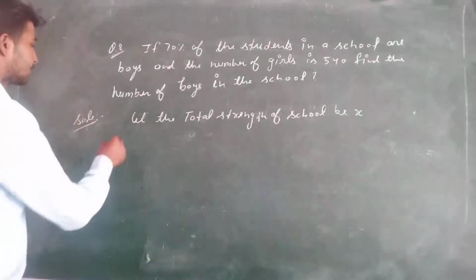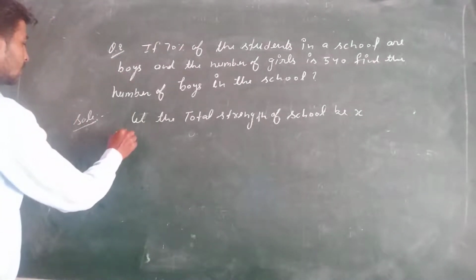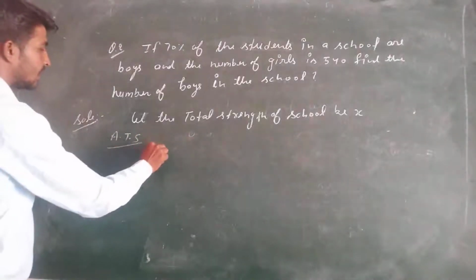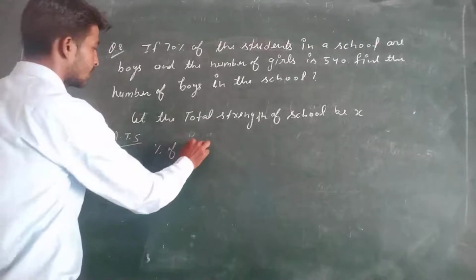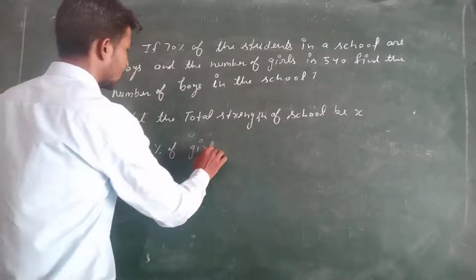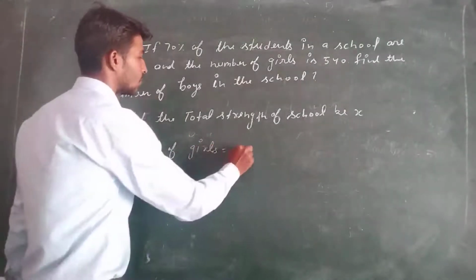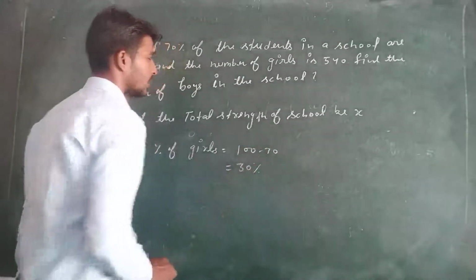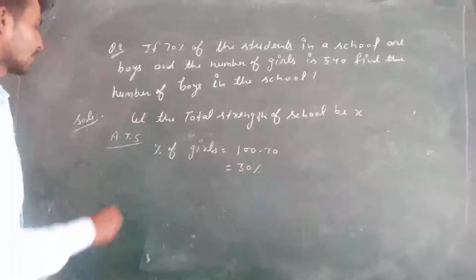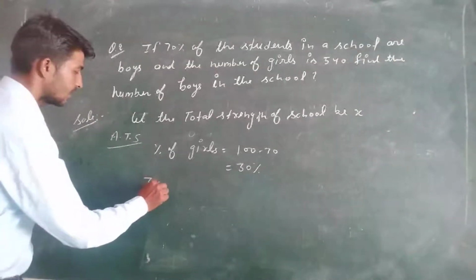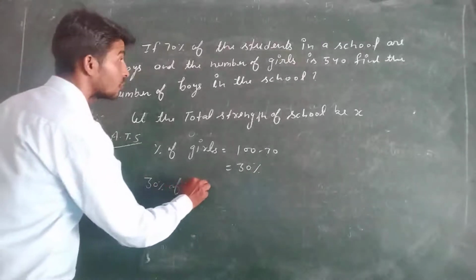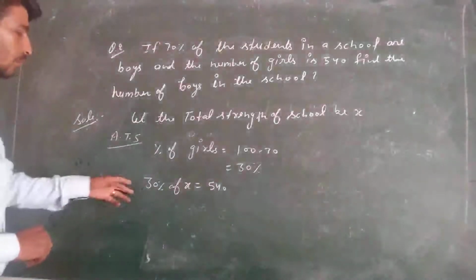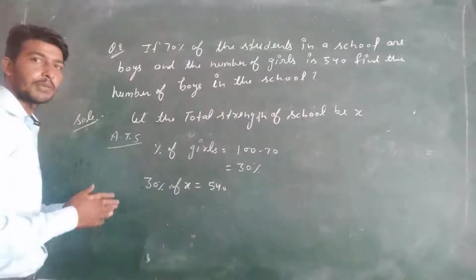So now, according to the situation, the percentage of girls is 100 minus 70, that is 30%. Okay, so 30% of X is equal to 540. So from here you will find the value of X.